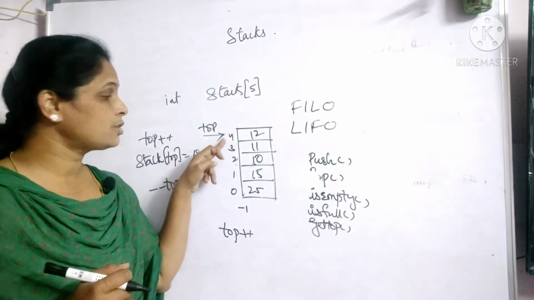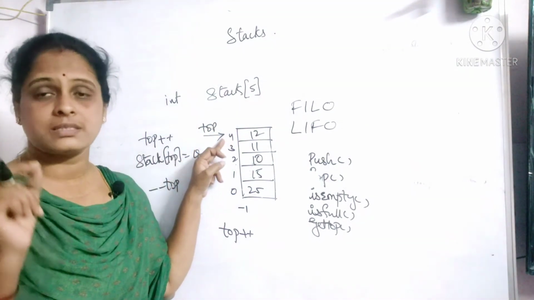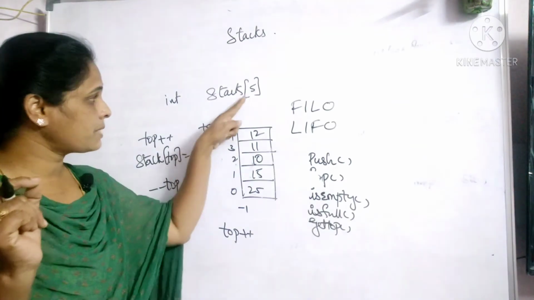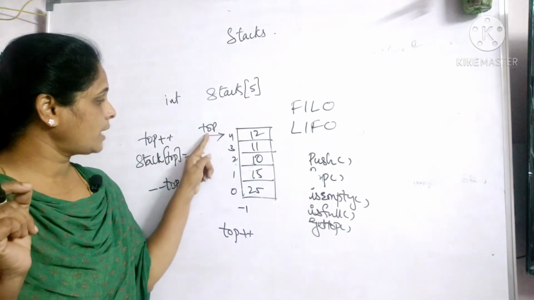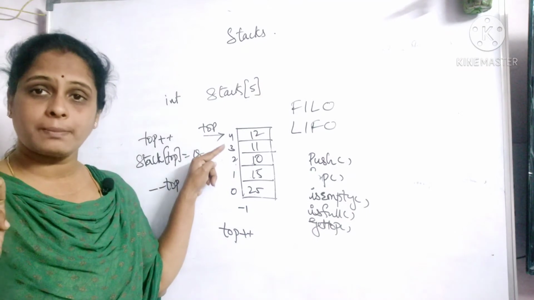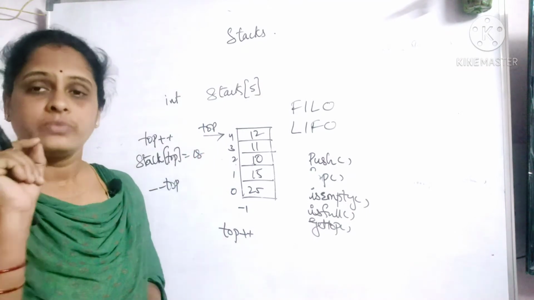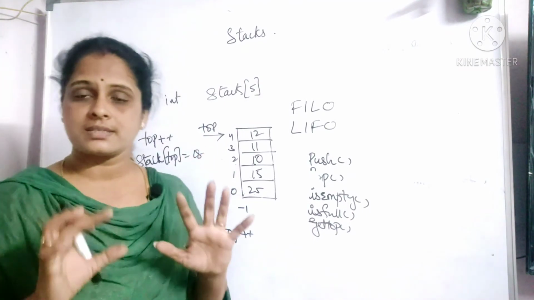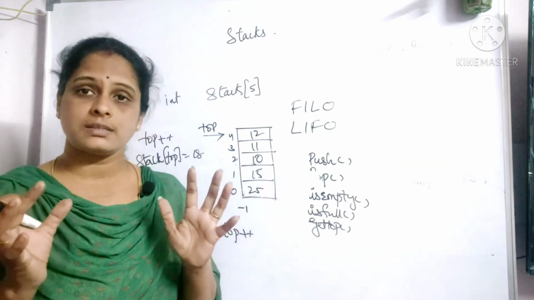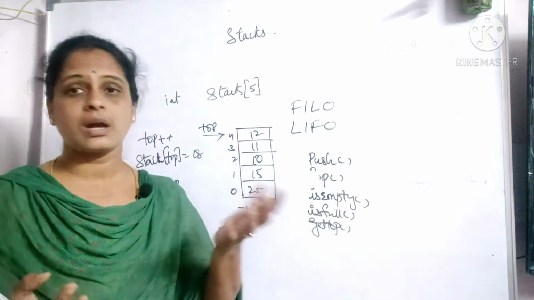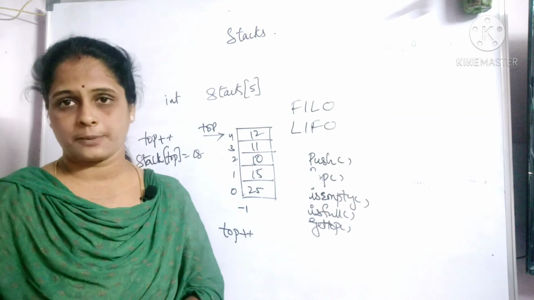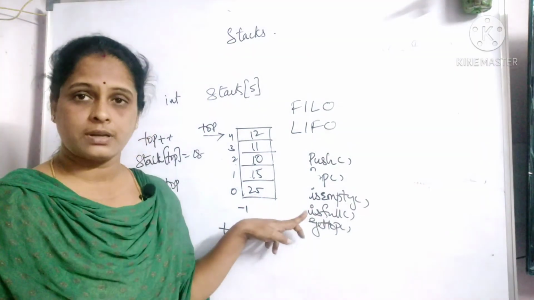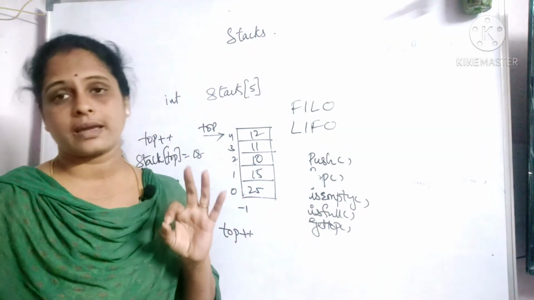So when the top is at maximum capacity -1, where maximum capacity is 5, now I can say that yes, the stack is full. That means it is in an overflow condition where you can't insert any more elements into it. Okay, that is about is full. So when do you say that the stack is full?